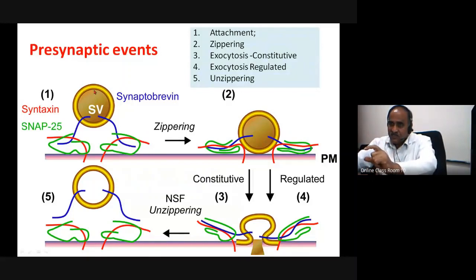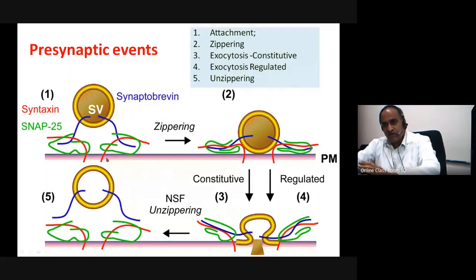This vesicle which is here is now getting zipped. So this is the zippering mechanism. That means the arrival of the impulse and release of the calcium begins the zippering mechanism. So it tries to put them together. Once it does, it moves this thing because of the folding. That means both of these proteins are pulled.